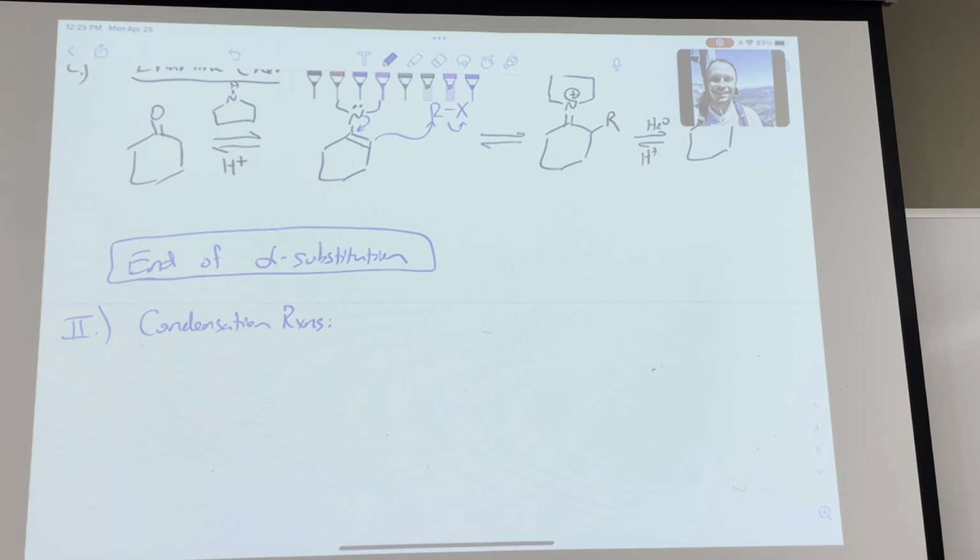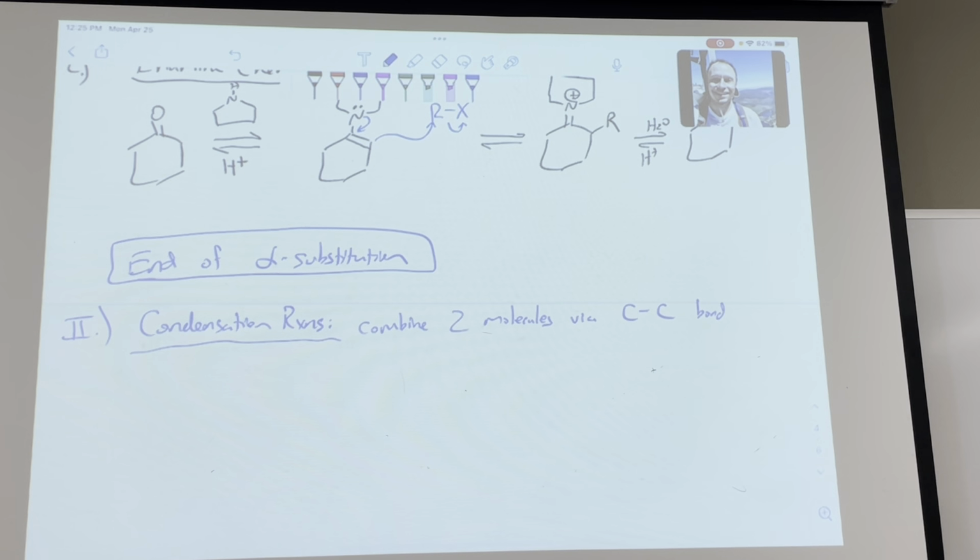that are called condensation reactions. And the hallmark of these condensation reactions is that they will combine two molecules by a carbon-carbon bond with the simultaneous loss of a neutral small molecule.